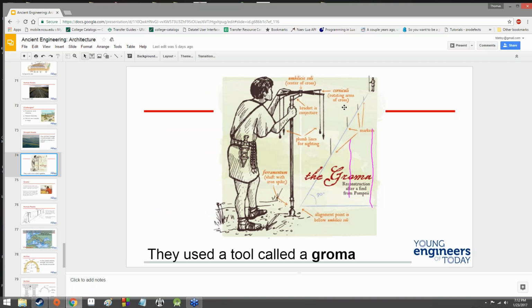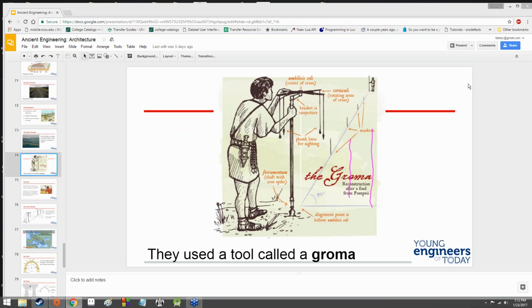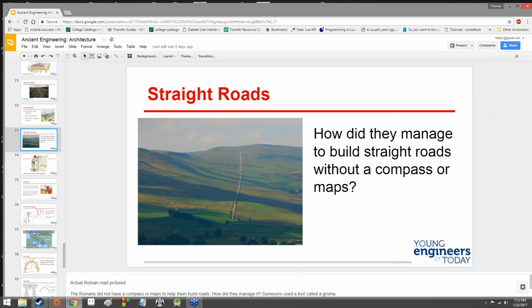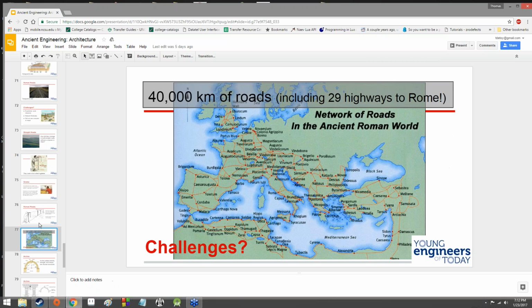So in essence, it was just a very simple mechanism to ensure that the roads they constructed were straight roads. And it did a very good job of that, obviously. If we're looking at this road right here, essentially eyeballing it, they were able to build roads that straight, which is pretty remarkable.